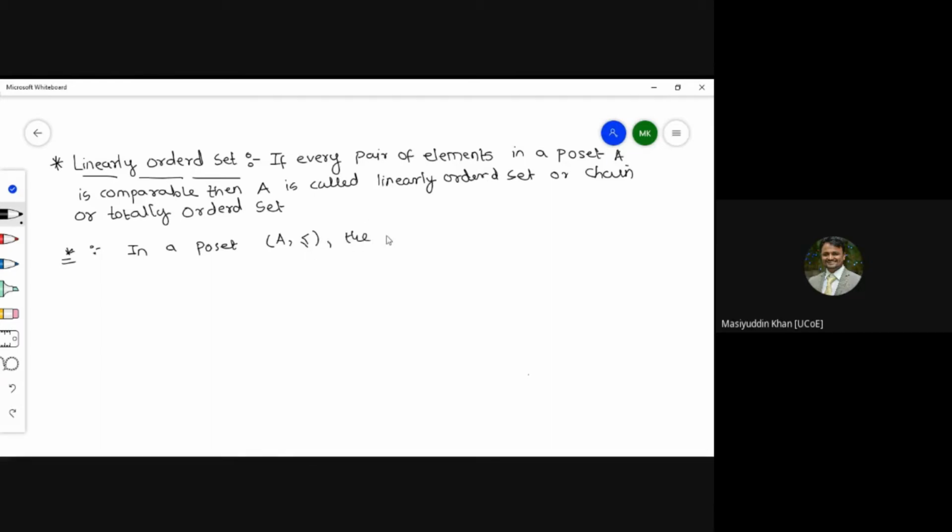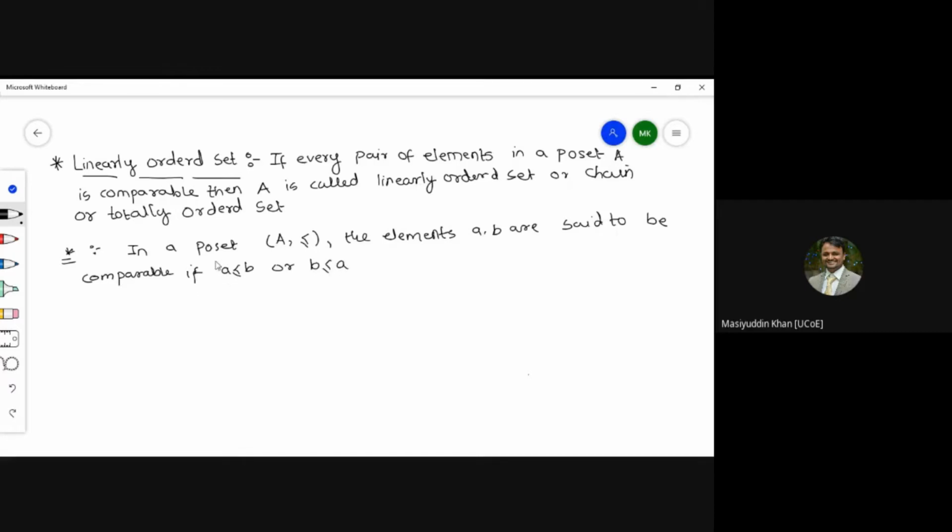The elements a and b are said to be comparable if a is less than or equal to b, or b is less than or equal to a.